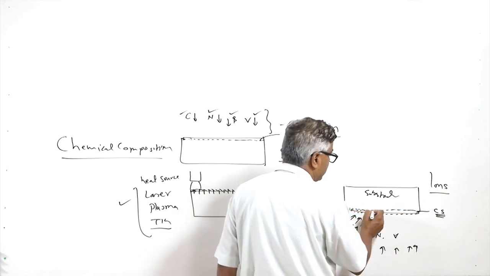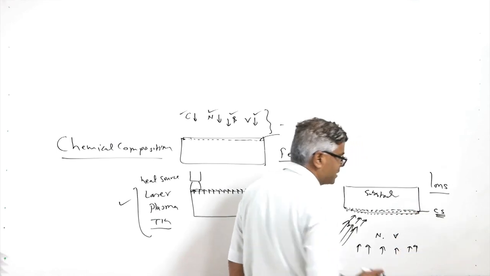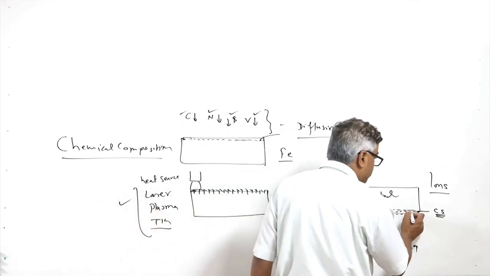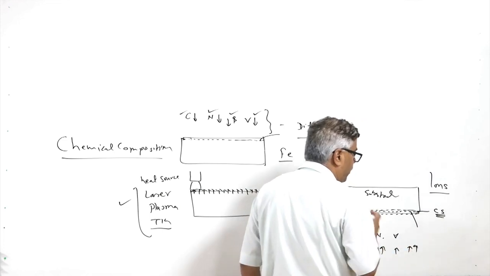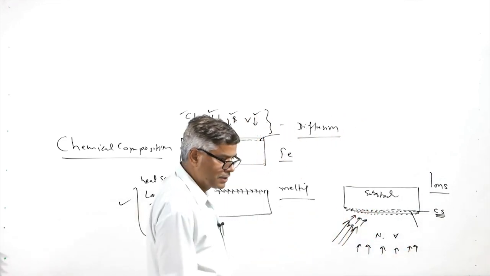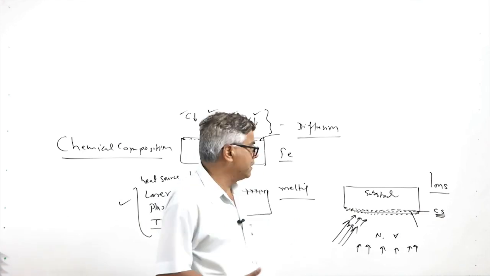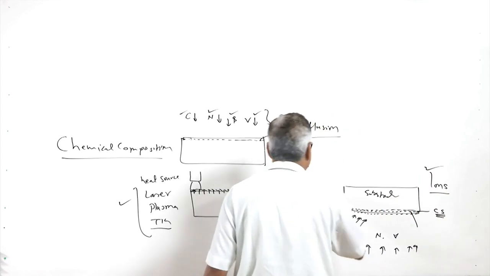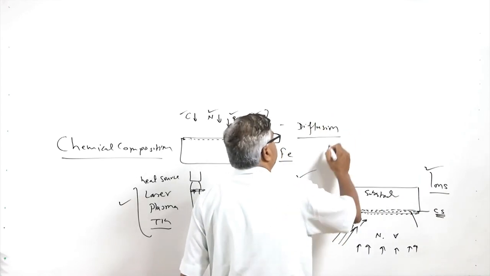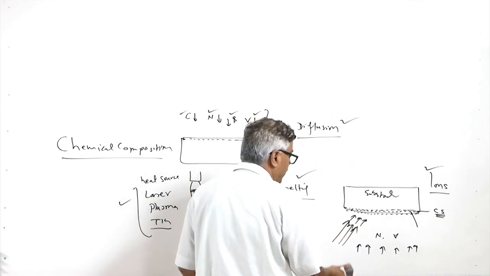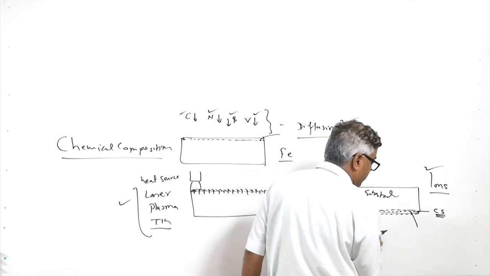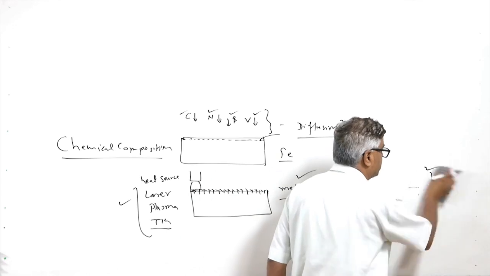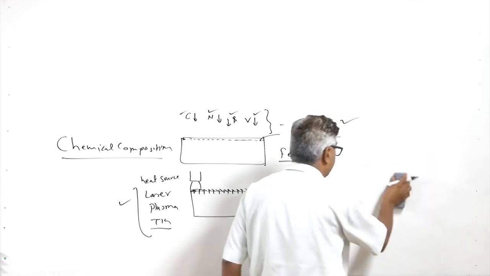So the near surface layer composition is modified and the crystal structure is also damaged, and a combination of these two leads to the modification of the crystal structure as well as the surface layer composition through the use of ions. So these are the three approaches: melting, use of the ion beam, and diffusion, where the crystal structure and the surface layer composition are modified so that a suitable combination of properties can be realized.